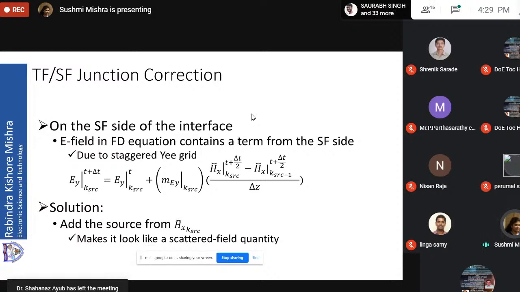As I told you, total is incident or source plus reflected or scattered. Now, I don't have the source here. I have only scattered, but I am looking for the total. Therefore, I have to add the source. If I add the source, then I get the total. Then everything is as before. So that will solve the problem. So these are two tricks that we use in TFSF solutions, which we call TFSF correction.